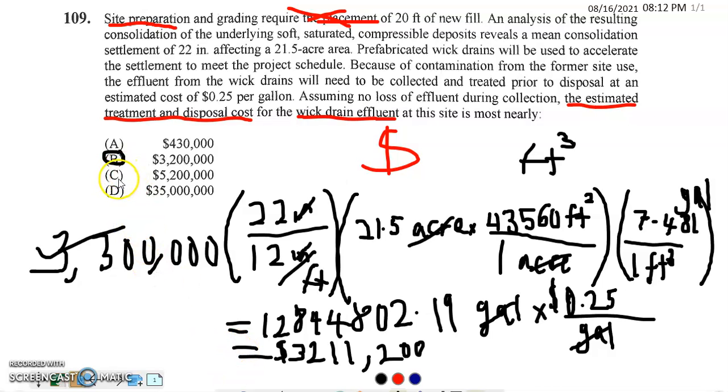Of course, you're not going to tell your construction people to give you 5.2 million when your number is actually 3.2 million or slightly above. You have other bidders who bid 3.2, so they'd say this guy is asking for too much, almost double the actual project. So I would say go with B. But if you had 3.33 million, I'd say go with that answer. But you don't have that, so go with B.